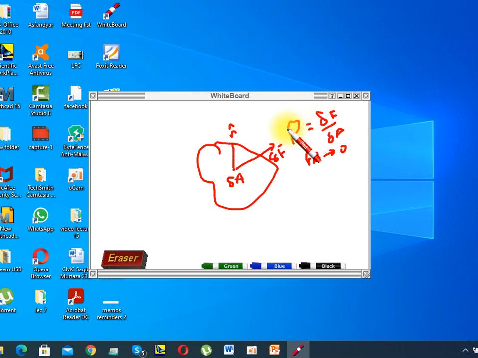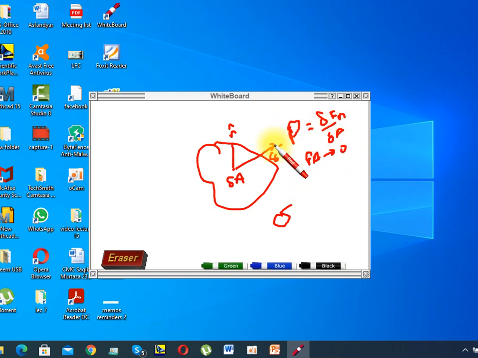If this force is acting normally or perpendicular to this area, we call this a normal stress. So it means that pressure is also represented by the forces per unit area, the forces which are acting on the area.